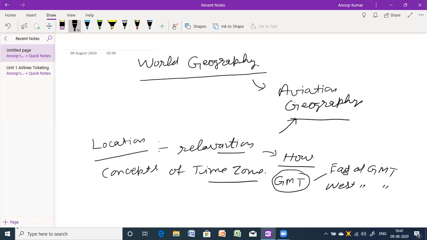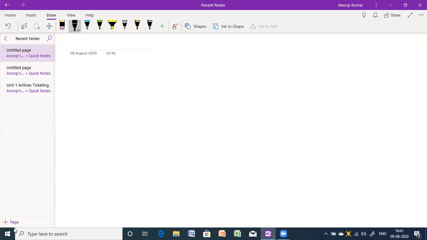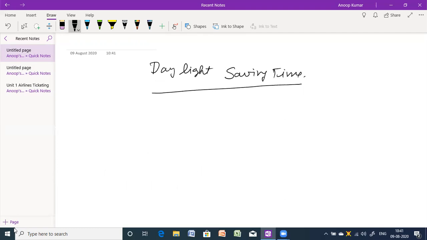We will also study the flying time calculation. Apart from that, we will also study some other concepts like daylight saving time. We will also study the international dateline.